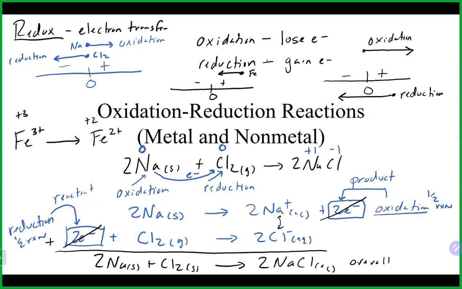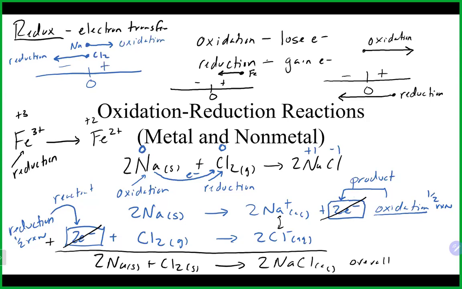That means in this case it is being reduced. Any questions on that? So it is actually receiving electrons from whatever else is there to lower its oxidation state or charge. Question on oxidation reduction?